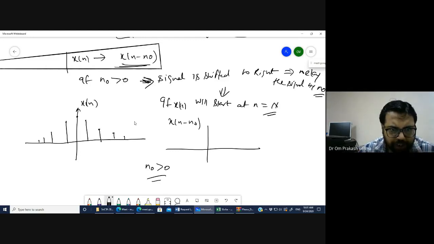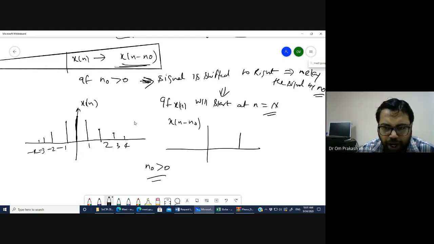So if we mark 1, 2, 3, 4, minus 1, minus 2, minus 3, minus 4, it will shift to the n naught point. So this will start at whatever the n naught is.